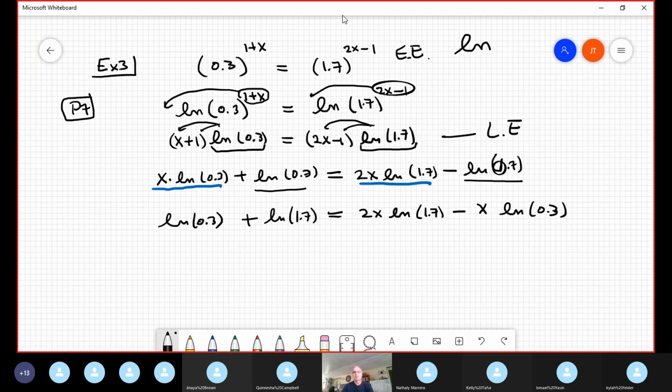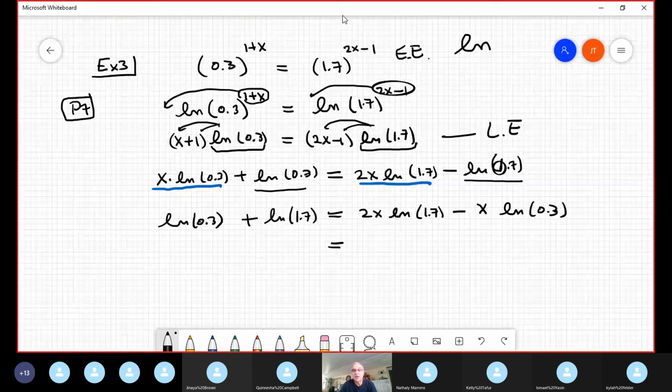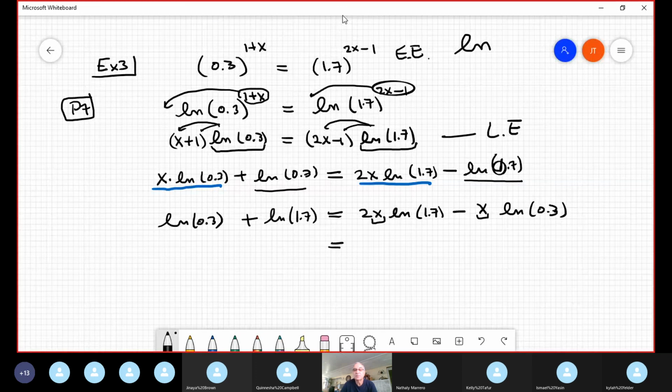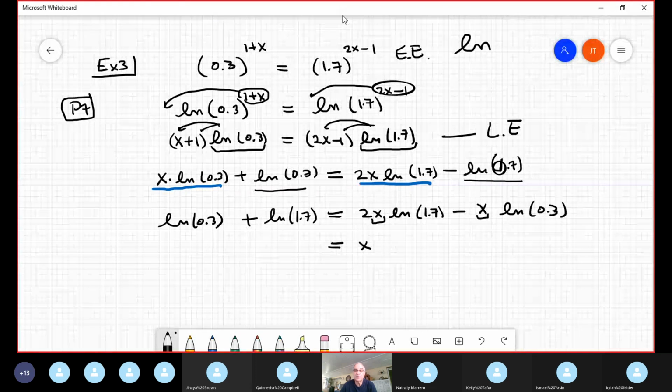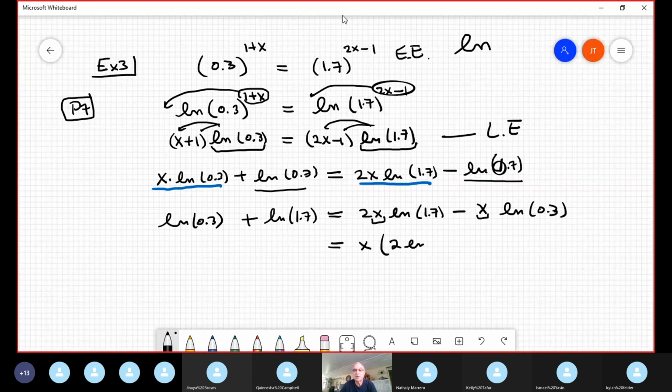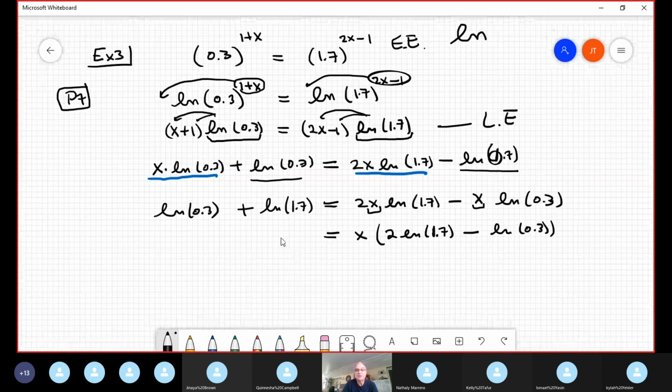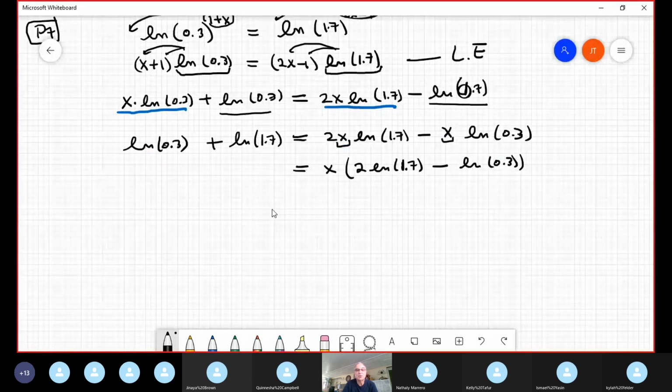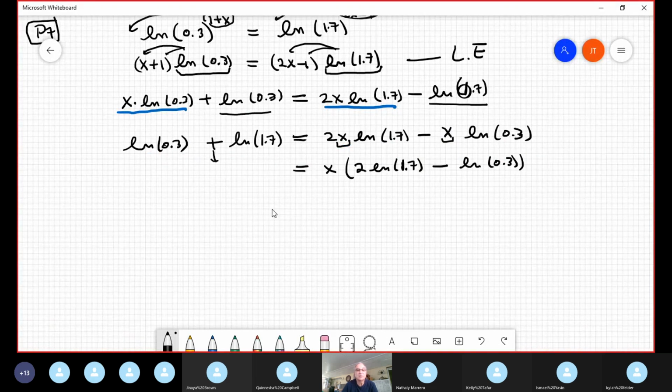Okay, super. Now, why not factorization? Is there a common factor here? x is a common factor. Factor out x, and we have 2 ln 1.7 minus ln 0.3. On the left, we have exactly the same situation. I don't want to copy again, so this is copy and paste.